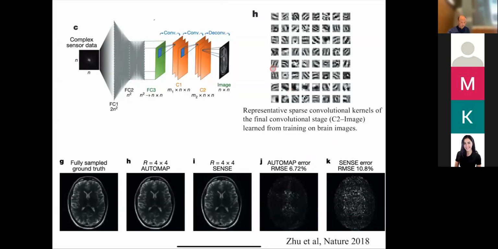Okay, so let's look at what it does. AUTOMAP is one form of deep learning for MRI. It actually just takes your data right off the MRI system, and it has a few what are called fully connected networks, which basically just take all the data and combine them in different ways. So here, you're still sort of in the Fourier domain, really, right? And then you go to these convolutional networks, and then some what's called deconvolution, and you get your image.